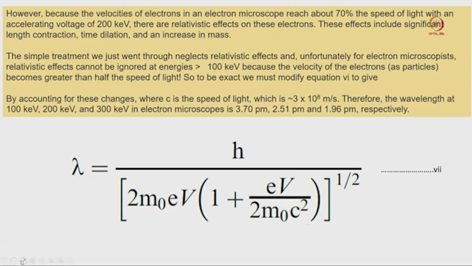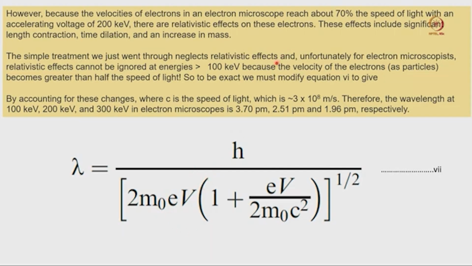So if we take this formula, there will be a wavelength of the electron, and it is going to vary depending on the voltage of the microscope.